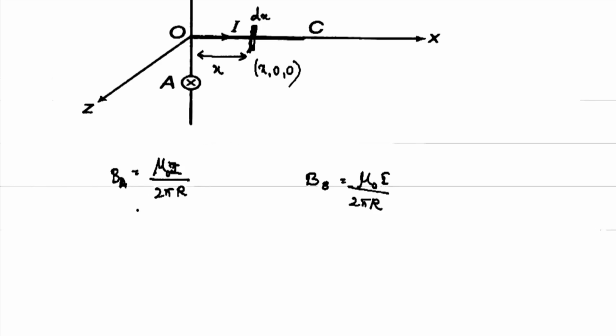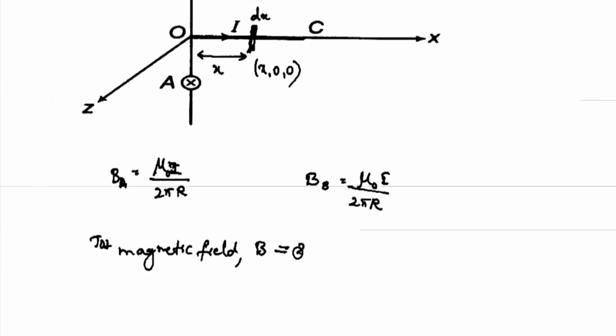So the total magnetic field B will be equal to 2 into mu naught I divided by 2 pi r, into cos theta. Now we will simplify it. Cos theta will be equal to x divided by r, from the right angle triangle.